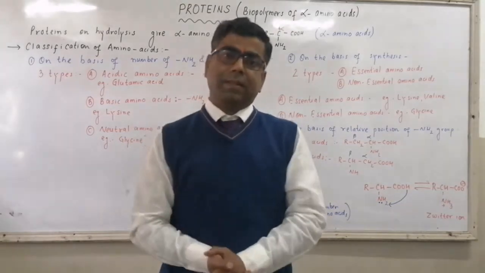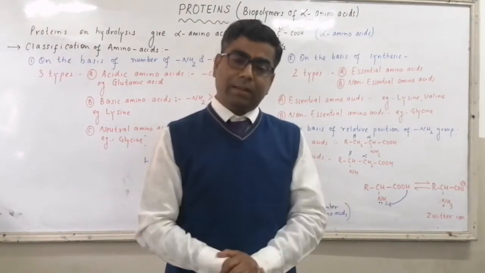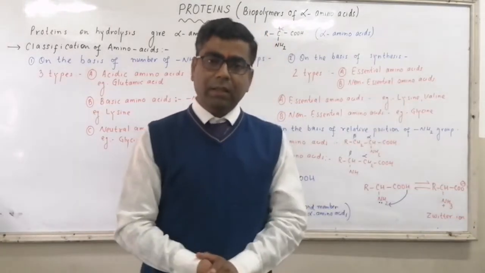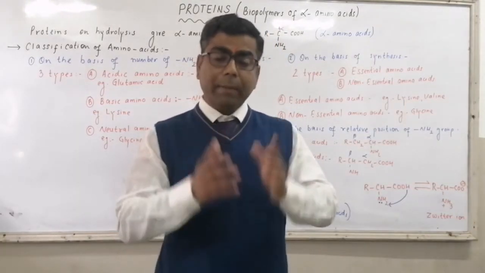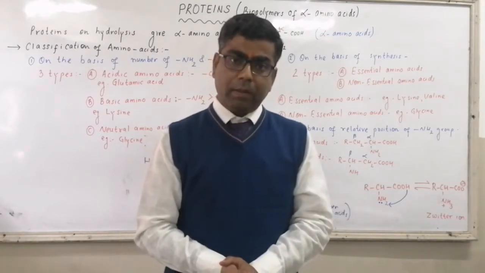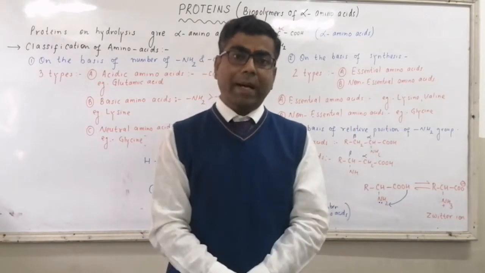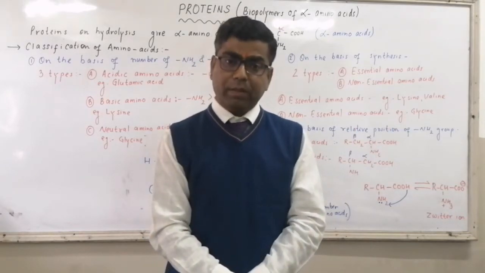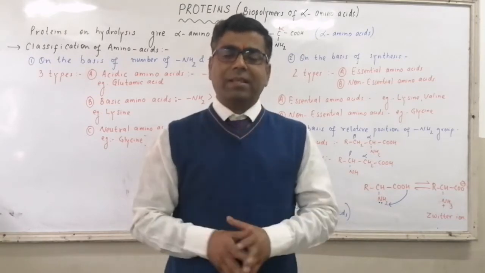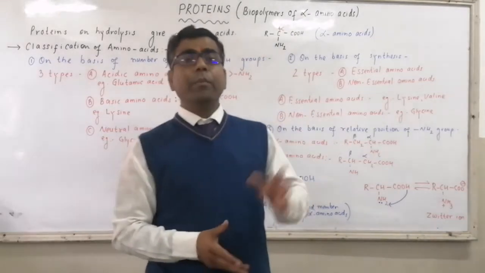Alpha amino acids join with alpha amino acids, join with alpha amino acids by peptide bond or amide linkage, and we obtain protein by polymerization reaction. So when alpha amino acids undergo polymerization, then we obtain proteins.